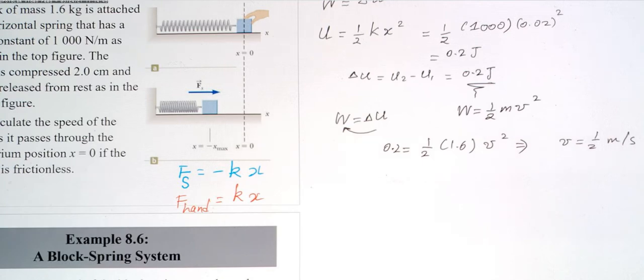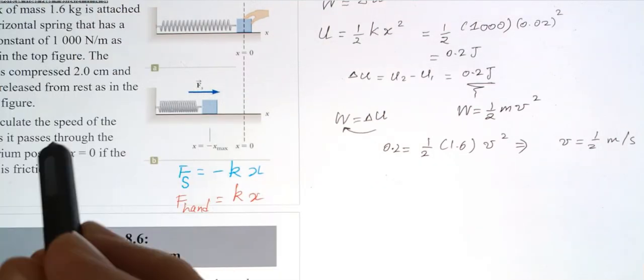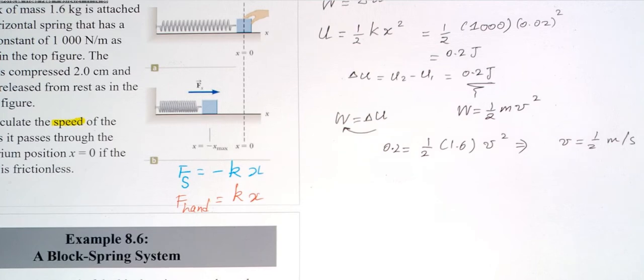In this question, he is asking just about the speed. And as you can see, just the speed. He didn't even talk about velocity. So no need to worry about the sign, because he's talking about the speed.